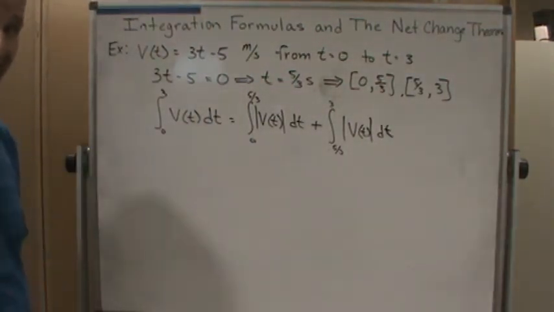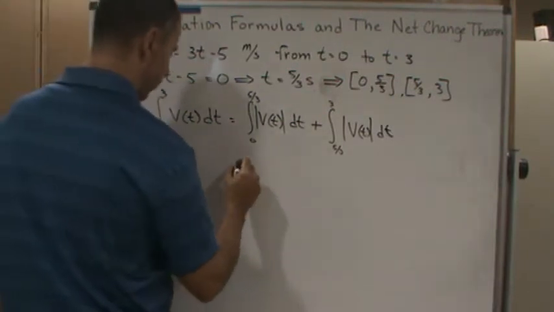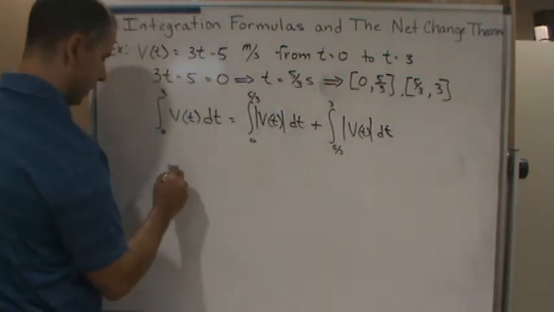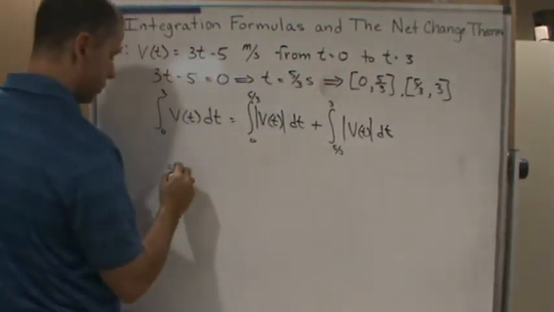Because I want to add all of the distance traveled. Okay, I want total distance. Okay, so now I'm going to do this. So now I know this is going to equal what?